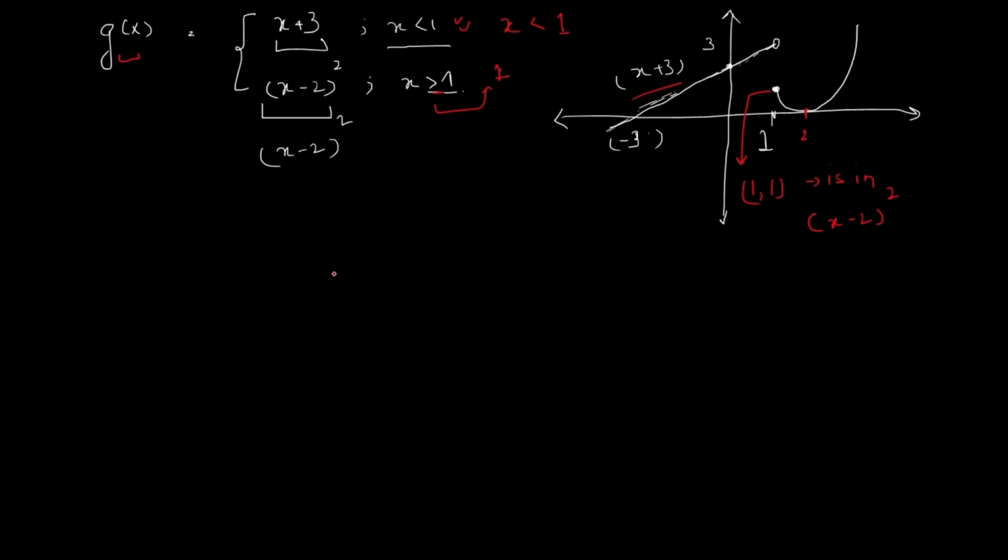Now let's do another problem with 3 sub functions in it. g of x is equal to x squared when x is less than or equal to 1, 3 when x is greater than 1 and less than or equal to 2, and x when x is greater than 2.